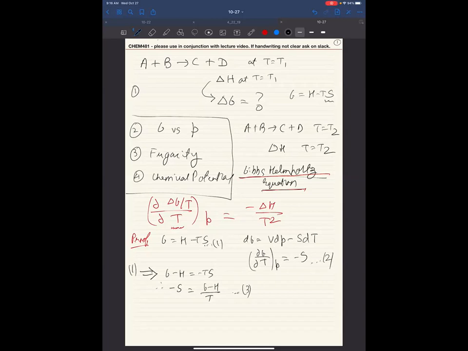So keep in mind what we are trying to show. We are trying to look at partial delta G by T. So in order to do that, let's look at, and delta will come in the end because we are subtracting out for different components. We can just talk about G right now. Let's try to think about partial G by partial T at constant P. What's that going to be?